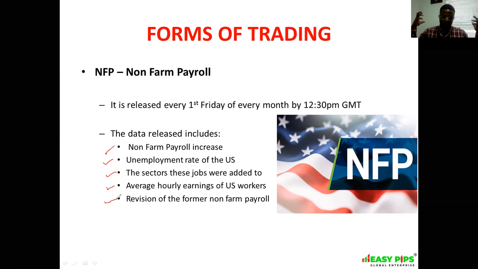When you know the past results, you then compare the new, present result, and you can ascertain that the US economy is either better or worse based on the revision of the past non-farm payroll and the release of the present non-farm payroll. So that is just to show you how powerful this news release is, and traders all around the world look forward to trading the NFP.